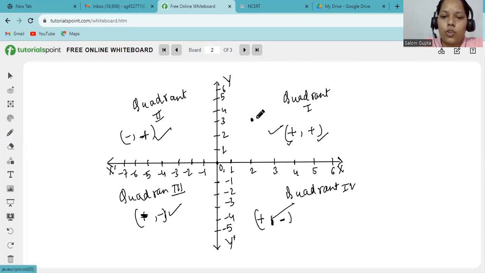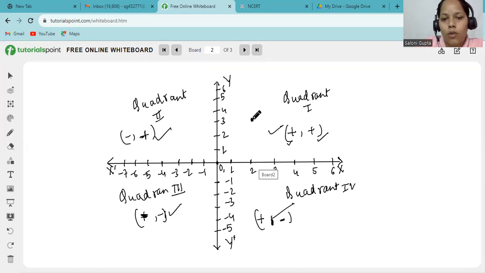Can I tell its exact position? There is a convention that we follow: first we write the x coordinate and then the y coordinate. The x coordinate has a specific name, the abscissa, and the y coordinate is called the ordinate.